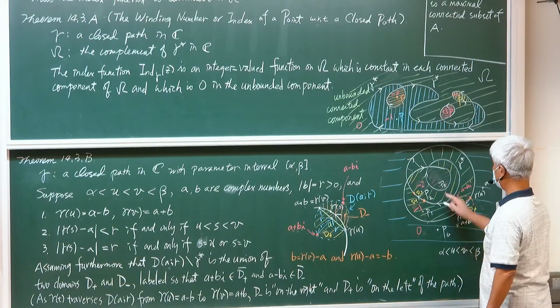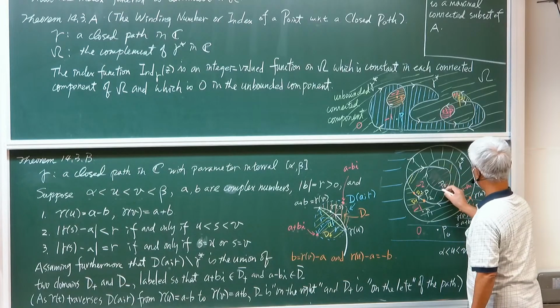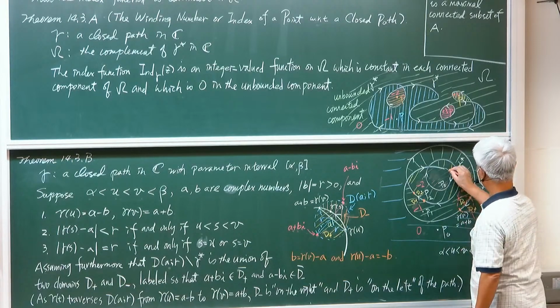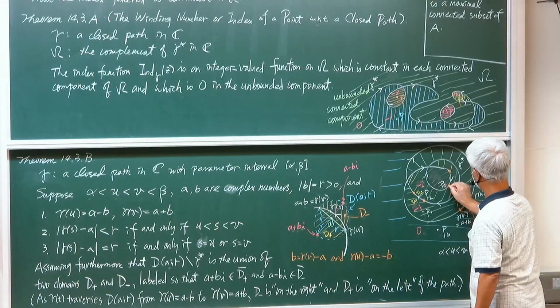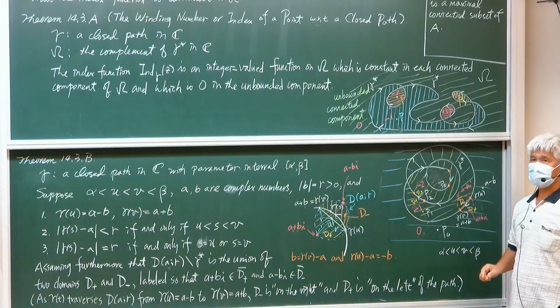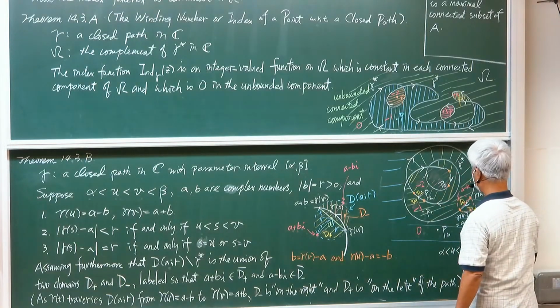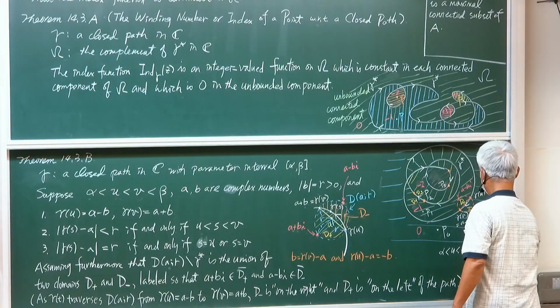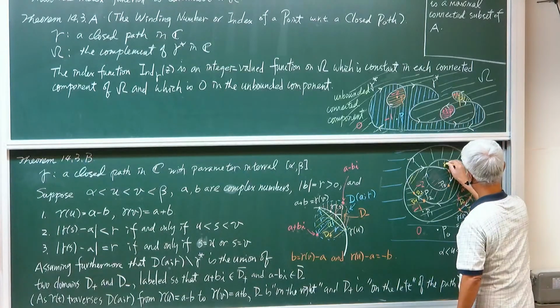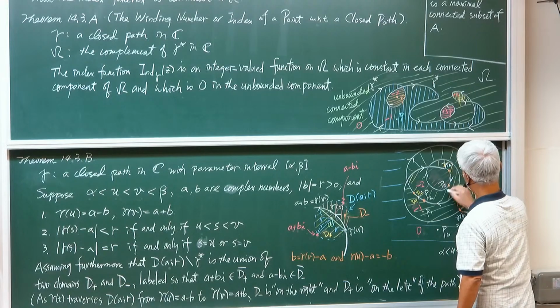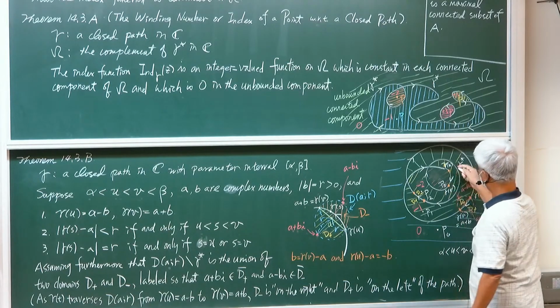Okay, and finally, for here, we select the 2 points here, and we work from gamma u to gamma v, right?